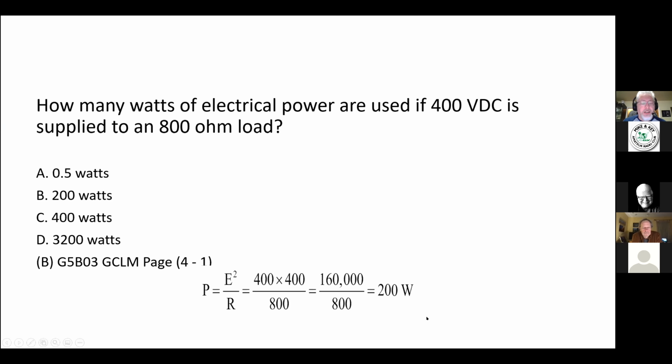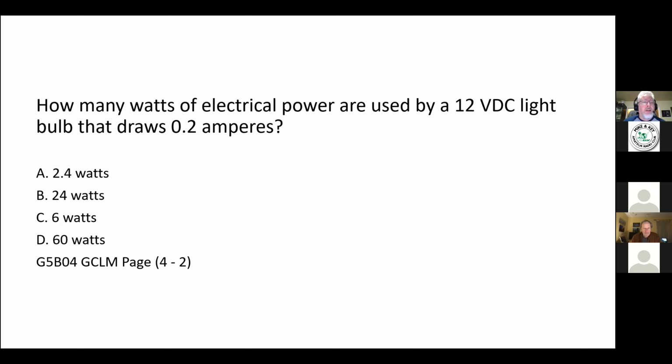I'm trying to add the math in all of these questions tonight. So you would take power equals E squared over R. How many watts of electrical power are used by a 12-volt DC light bulb that draws 0.2 amperes?